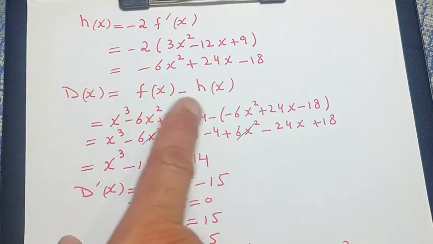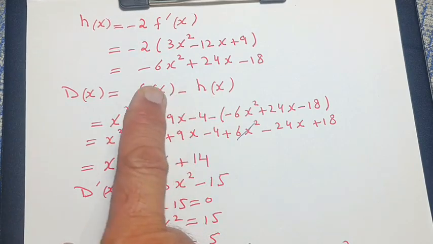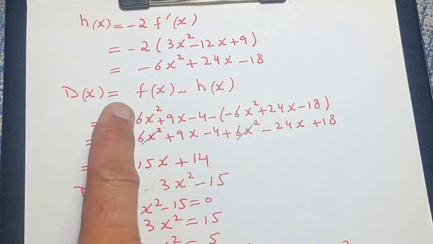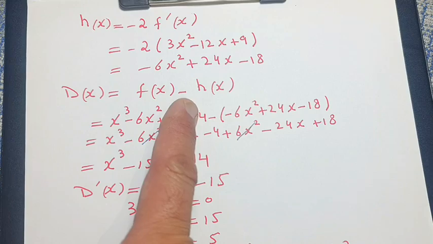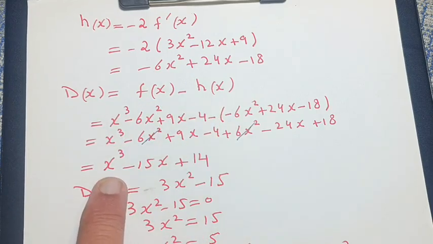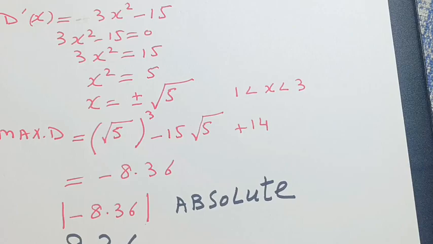Now d of x is f of x minus h of x. Now we don't know which one is above, which one is below, so we decide according to the question, first F then H. So f of x minus h of x. So this time x power 3 is going to be positive.